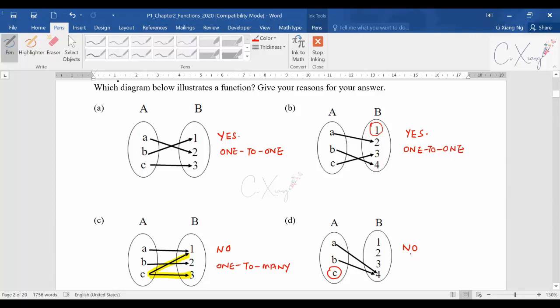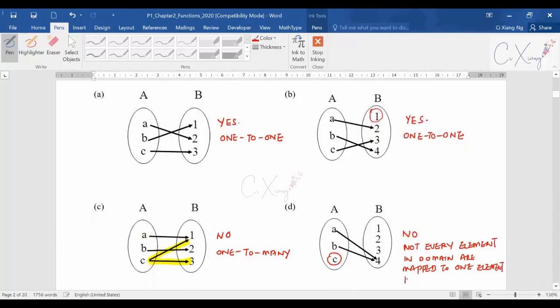Therefore, if they are asking, you can write: not every element in the domain is assigned, or you can say mapped, to one value or one element in the range.